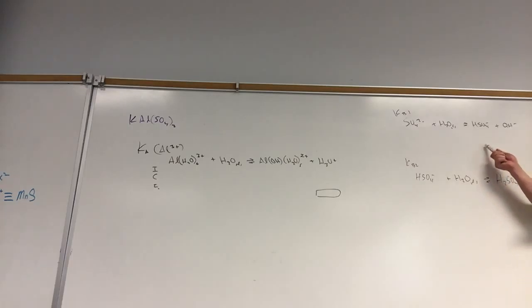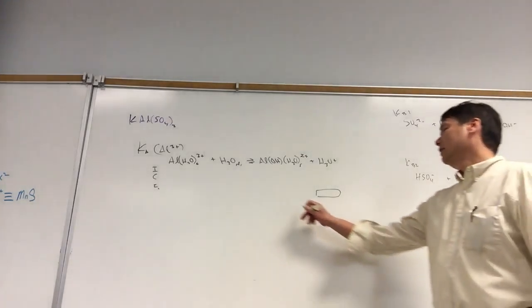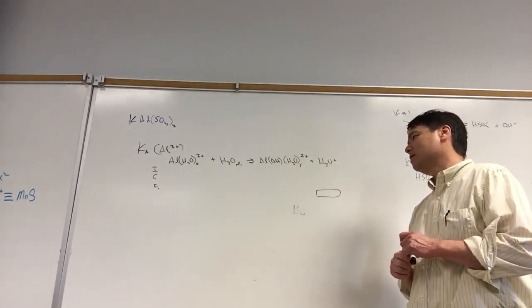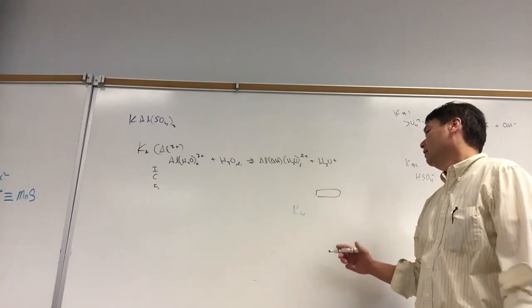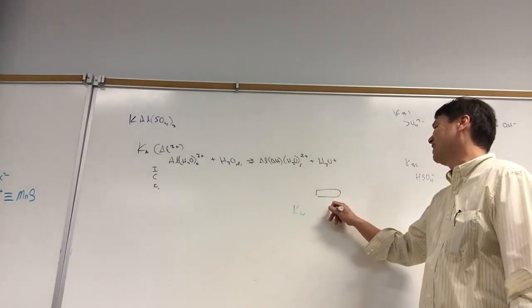So in this case, the second step is negligible, right? Each successive step becomes negligible. But when we have complicated equilibria happening, well, we have another step here. And the other step would be water, Kw. And so here, it's not necessarily negligible because Kw is a different equilibrium. And if we look at Kw here, Kw is going to be this.